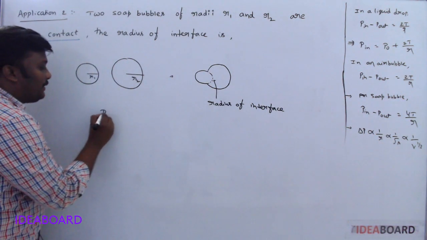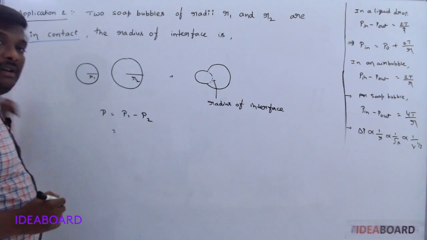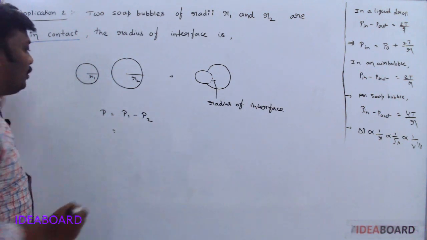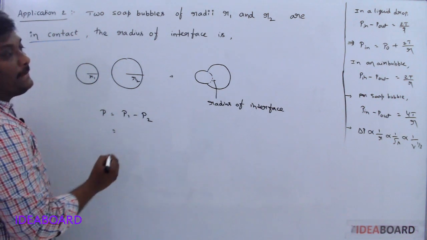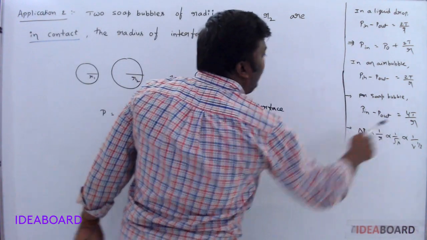So what is the radius of interface asked? Here, what is the excess pressure formula? P1 minus P2. Why P1? Because we said the one with lesser radius has more excess pressure. For a soap bubble, excess pressure is 4T by R1.